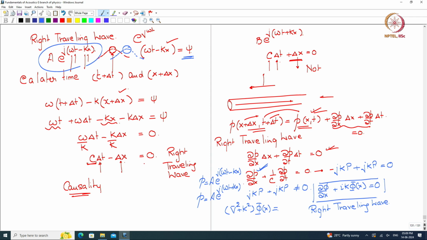And it will cancel out the left travelling wave, because the left travelling wave will not satisfy this.